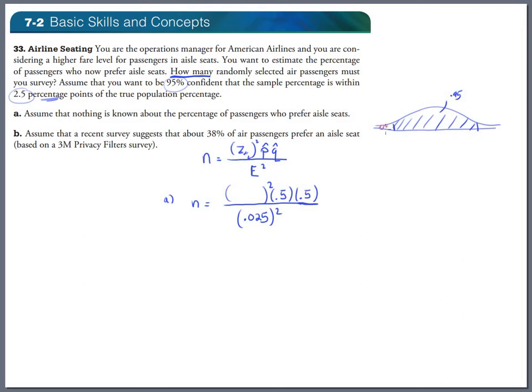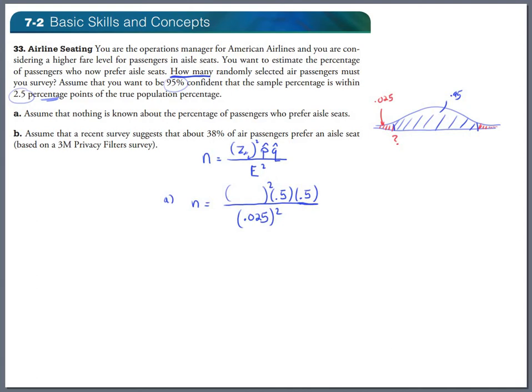So 5% would be all this red shaded area. That's alpha, and then alpha over 2 is one of them. So just divide the 5% in half, which happens to also be 2.5%. That coincidentally matches the margin of error, but that's just a coincidence. Okay, so we need to know this z right there. That's z sub alpha over 2.